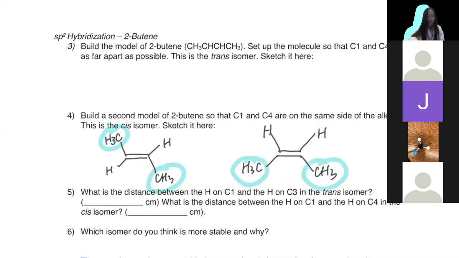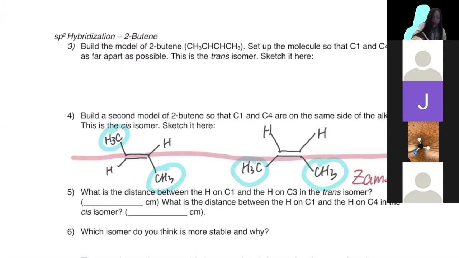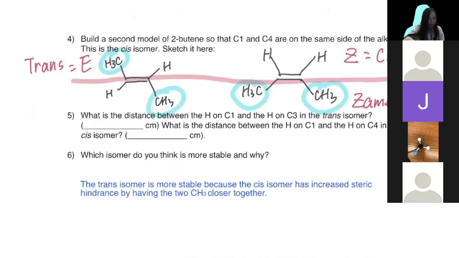If the two higher-priority groups are on the same side, it's the Z configuration, which equals cis. If they are not on the same side, it's E. When to use Z and when to use E, we're going to talk about in one stage discussion. That's nomenclature. Otherwise, these are still concept questions.